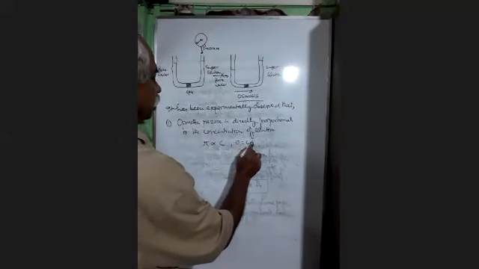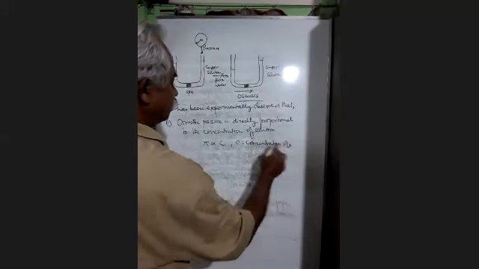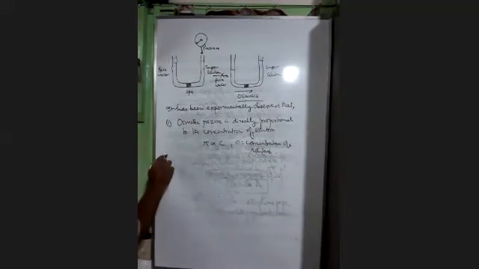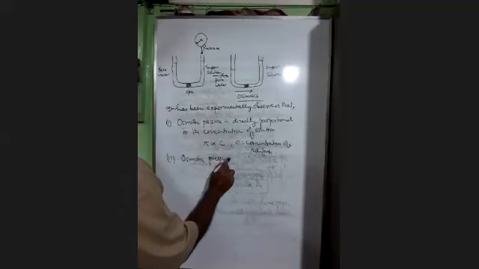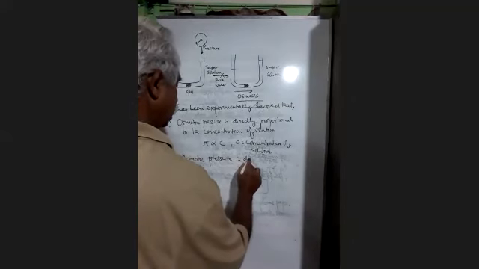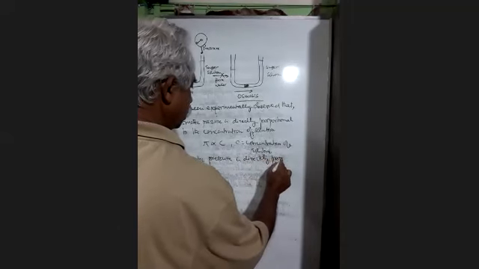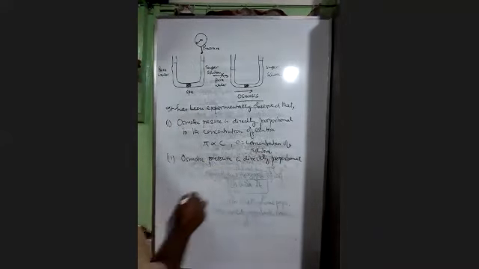C is the concentration of the solution. Osmotic pressure is directly proportional to the concentration; this I will write as equation 1.